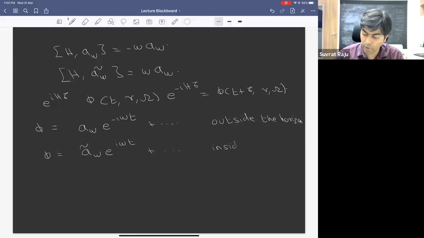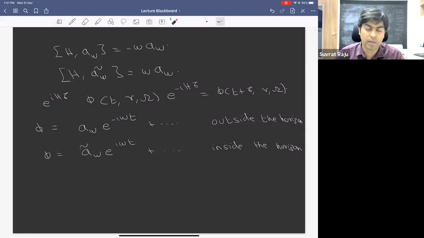But the important point is the fact that you have reversed the sign here. And if it is true that e to the iH tau just shifts phi from t to t plus tau, then it follows that the commutator of H with a tilde will be what is written here, and the commutator of H with a will be minus omega a omega.